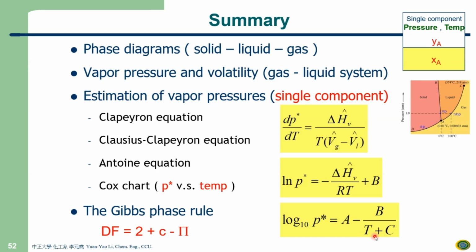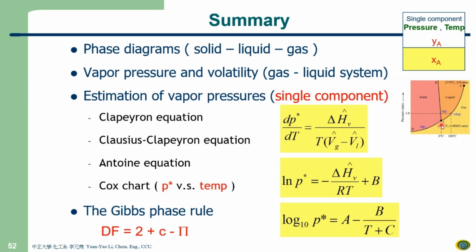Okay, at the end of the lecture last week, we talked about the Gibbs phase rule. The Gibbs phase rule is that if you want to duplicate some of the environment between gas and liquid, you need to know how much information you need in order to duplicate this system. And what we need is what we call the degree of freedom. If the degree of freedom is equal to 0, that means the condition is fixed. Everything is fixed. For example, this point A, everything is fixed.